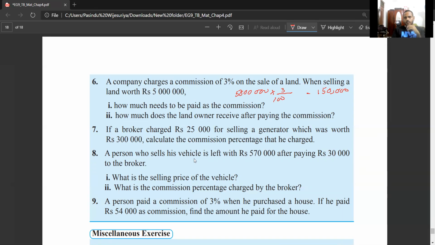How much does the landowner receive after paying the commission? A company charges a commission on selling a land.